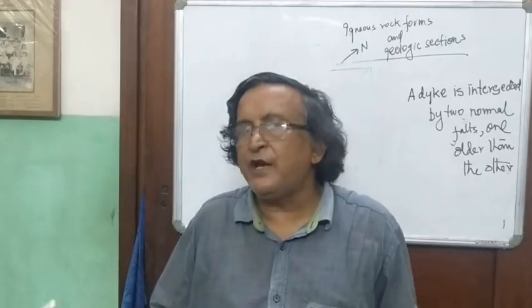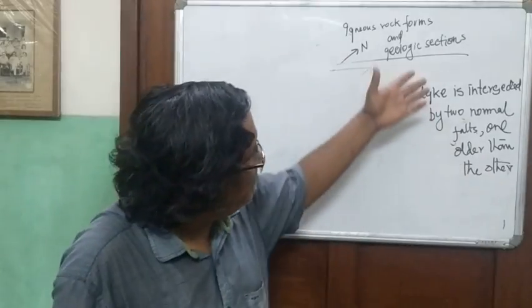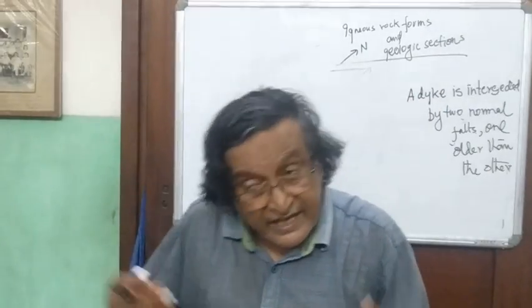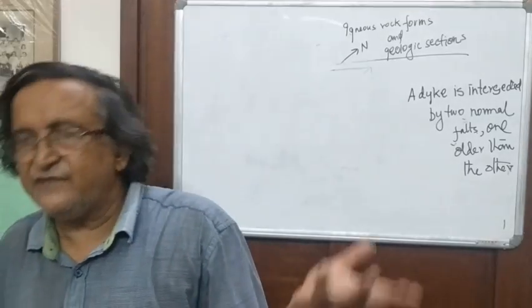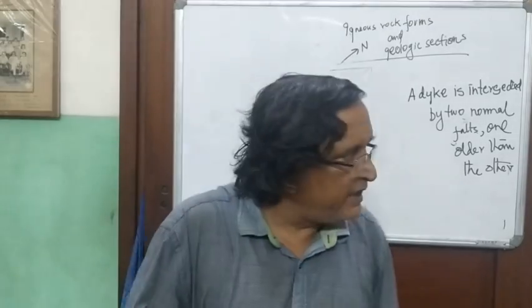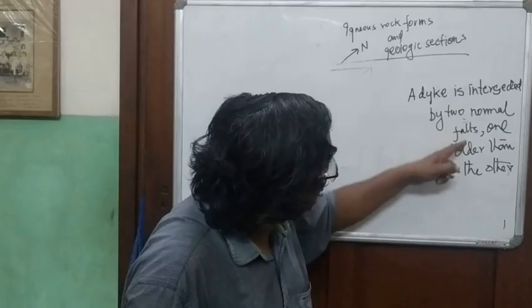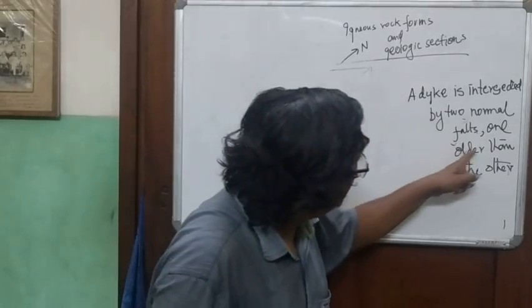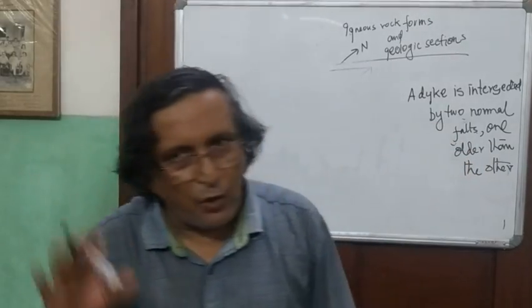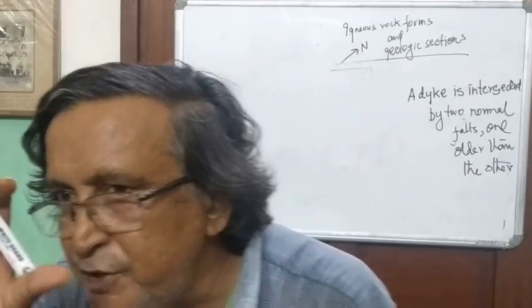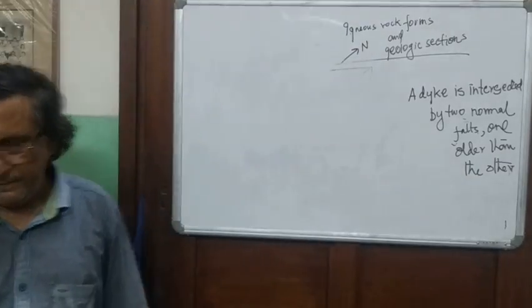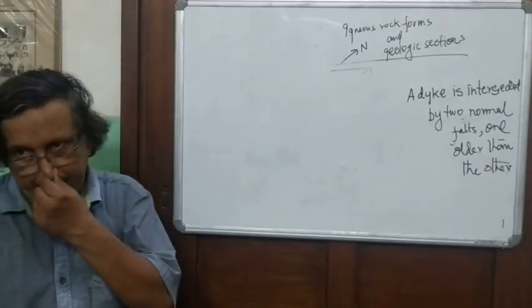There must have been an older rock, although I have not mentioned what the older rock is, but there has to be an older rock. That's for sure. And it is faulted by two normal faults, one older than the other. How would you draw the section?